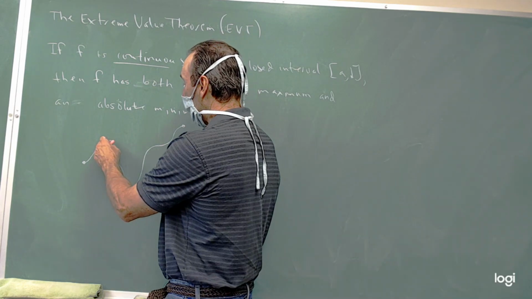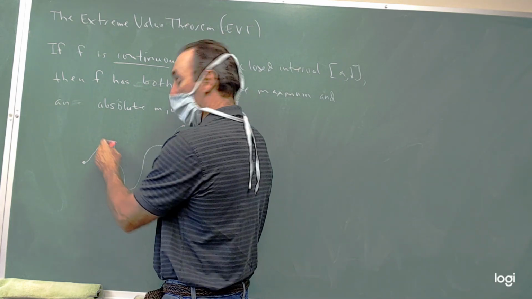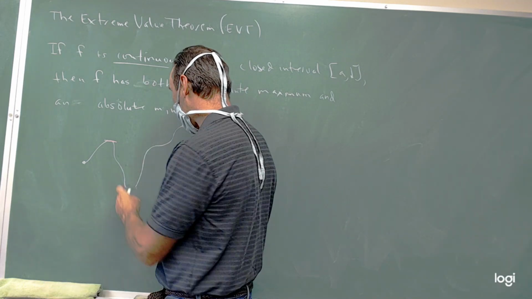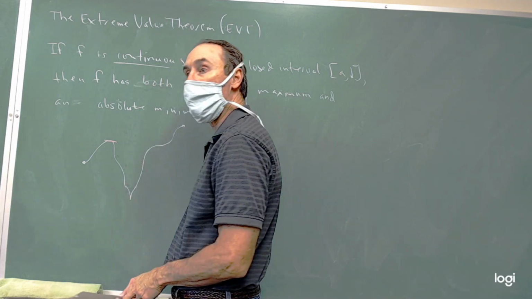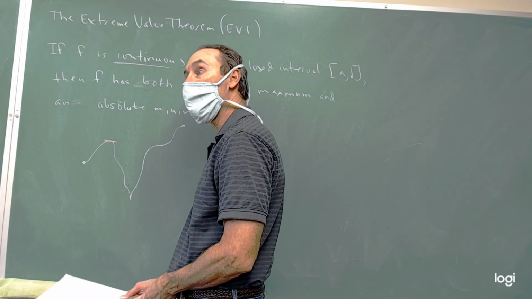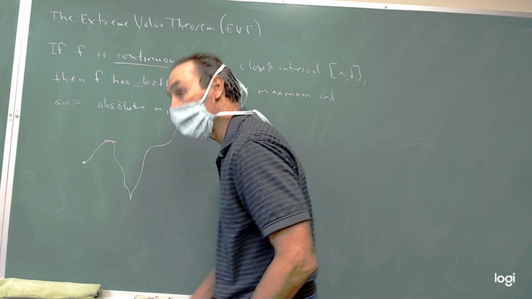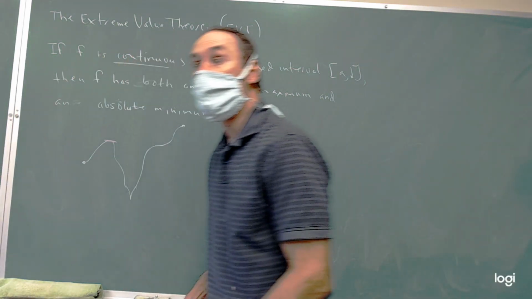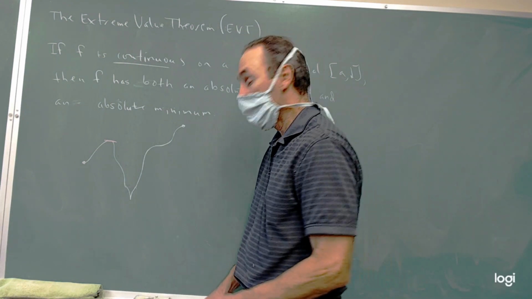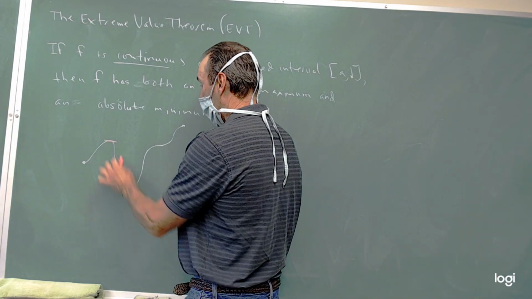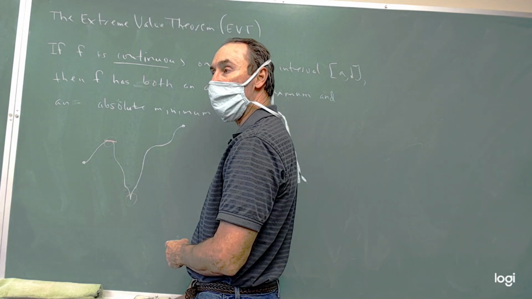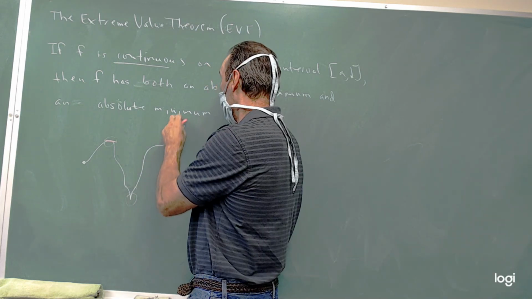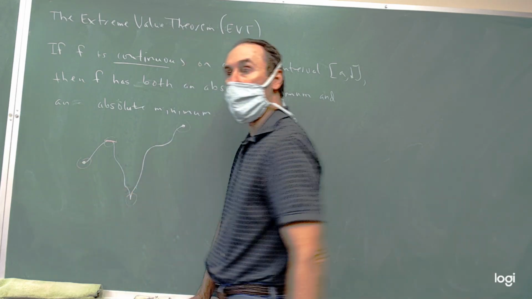Yeah, it could be someplace where we have a horizontal tangent, or perhaps some other undefined derivative. A place where the derivative is 0 or undefined we call a critical point. So we could have an absolute max or min that occurs somewhere where the derivative is 0 or undefined, or it could also occur at an endpoint.